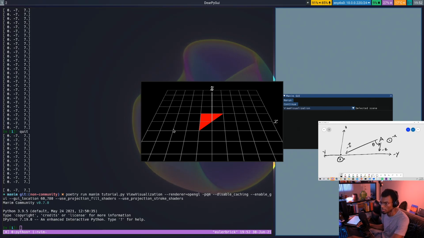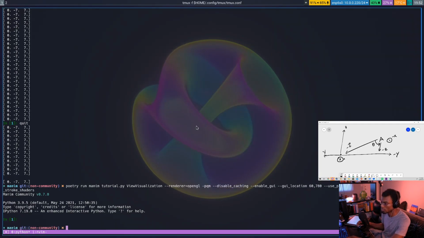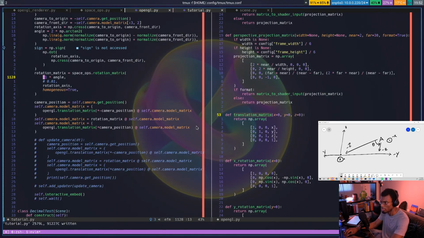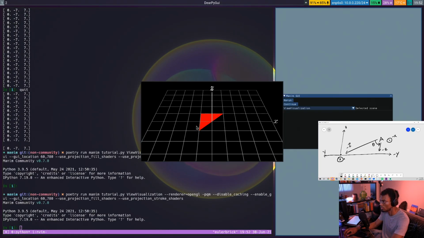I did it. It's looking at the origin. Oh, that's why I had that default position. So that when I pushed R, it would go to the default position. That was a lot of math for something pretty simple, comparatively.